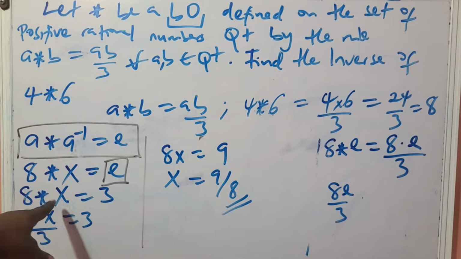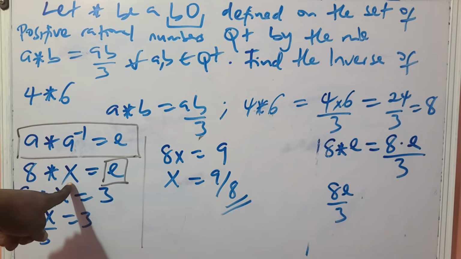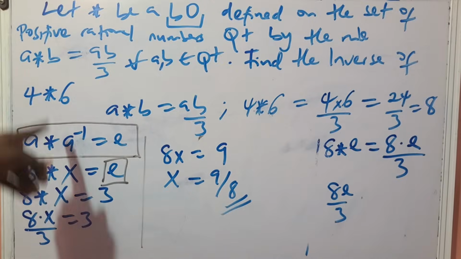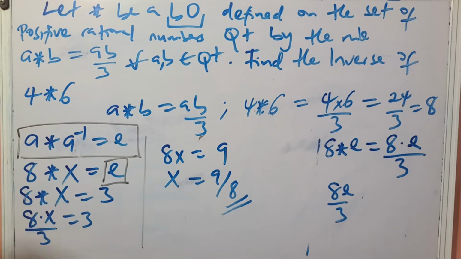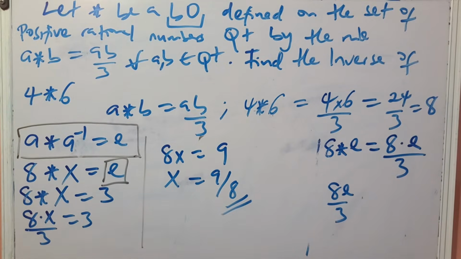Our x was representing the inverse of 4 star 6, which was 8. That was what we made as our x. So that means we have been able to solve the inverse of 4 star 6, which is 9 over 8. Does it make sense to you guys? This is how you solve questions without ever going wrong.